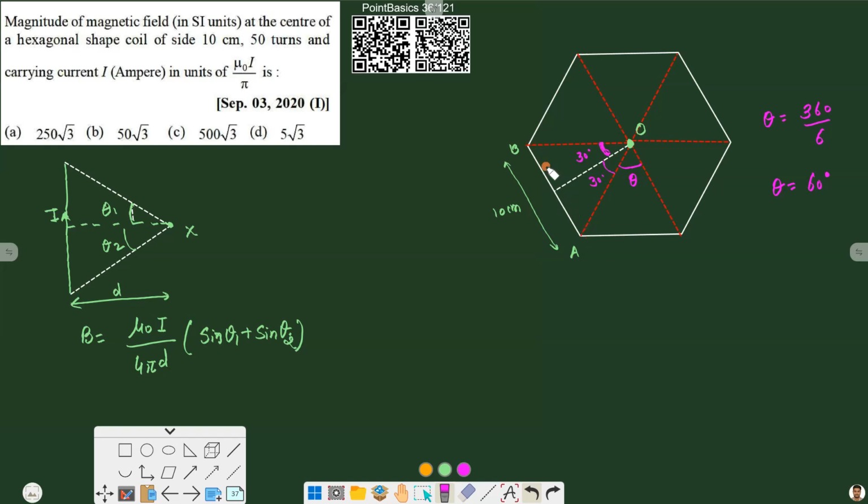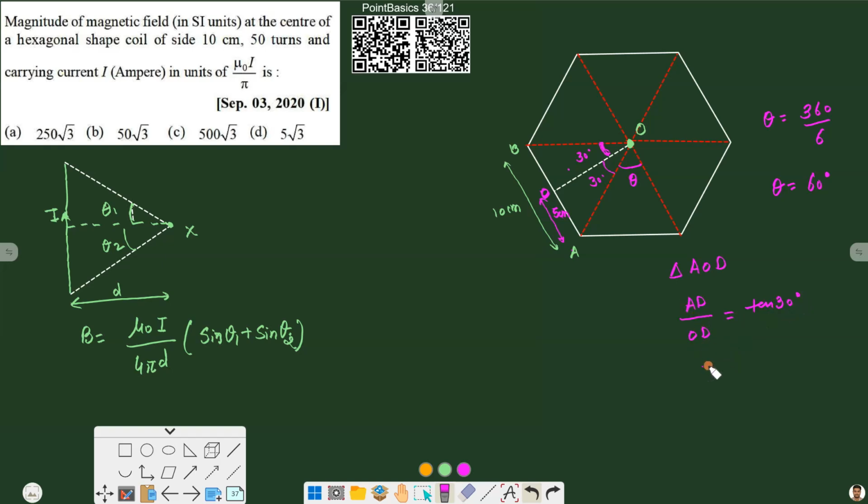Now due to this 10 centimeter conductor, let's also find the distance. Suppose this is point D. In triangle AOD, we know that AD is 5 centimeters, and this angle is 30 degrees. So perpendicular upon base, AD over OD, is equal to tangent of 30.